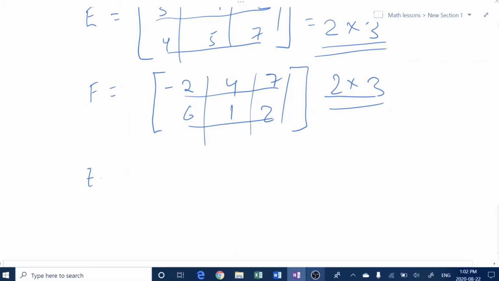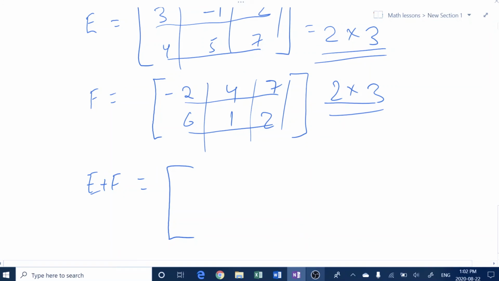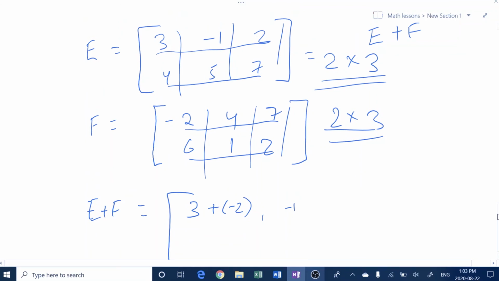So E plus F is equal to adding the corresponding elements, like we did in the previous example. 3 plus -2 is the first element. The second element is -1 plus 4.